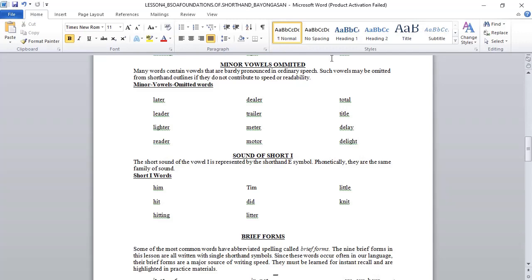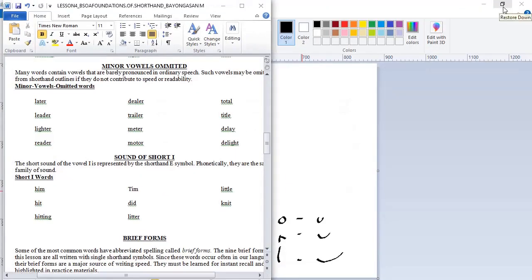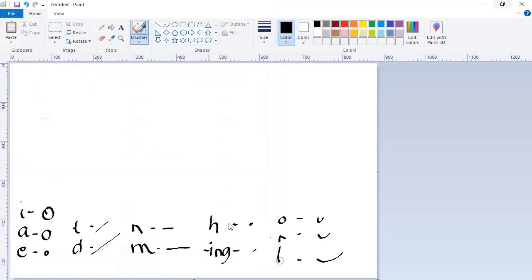Phonetically, they are the same family of sounds. So, kung maalala ninyo, you write what you hear. Now, the letter E here, which is represented by this one, the small circle. Ito yung sound, kapag ka ang narinig mo is E, for example, hit, dig, diba?